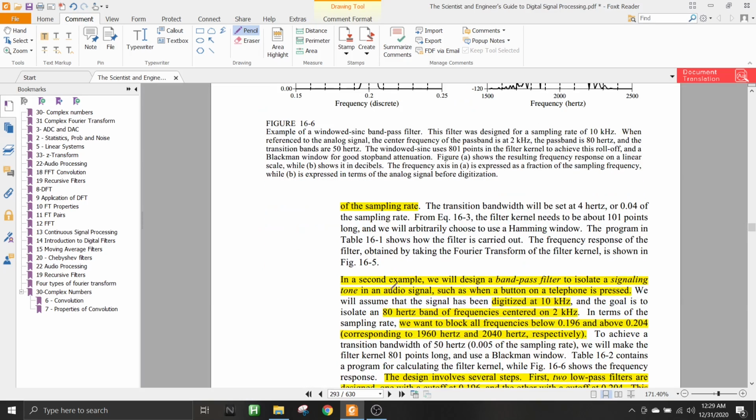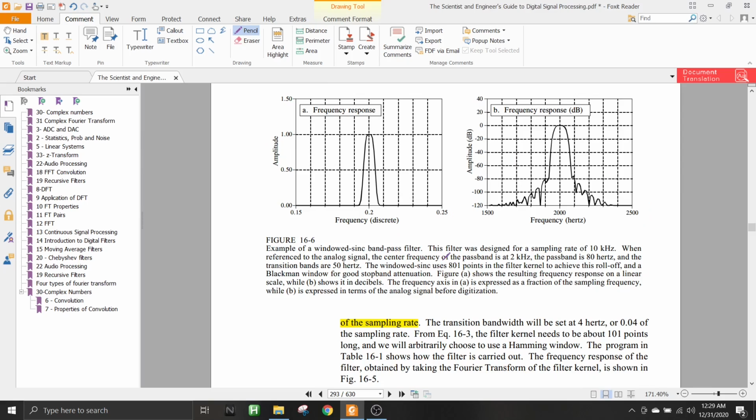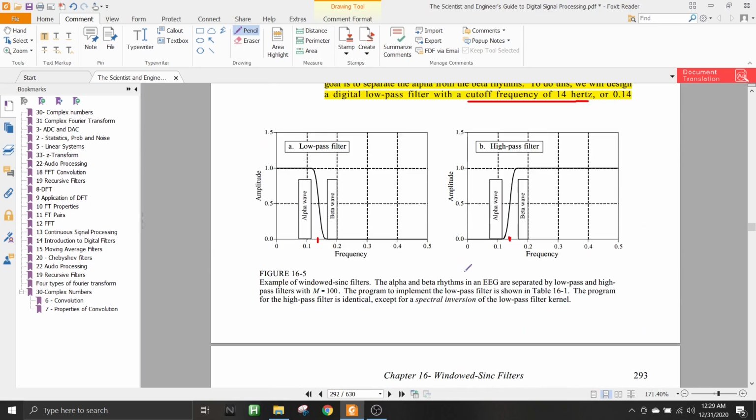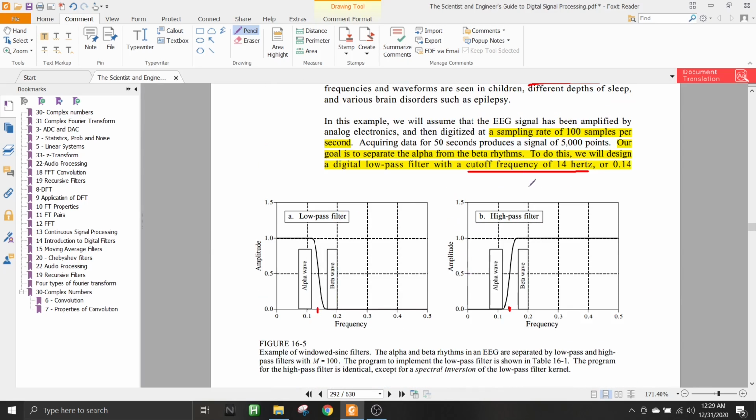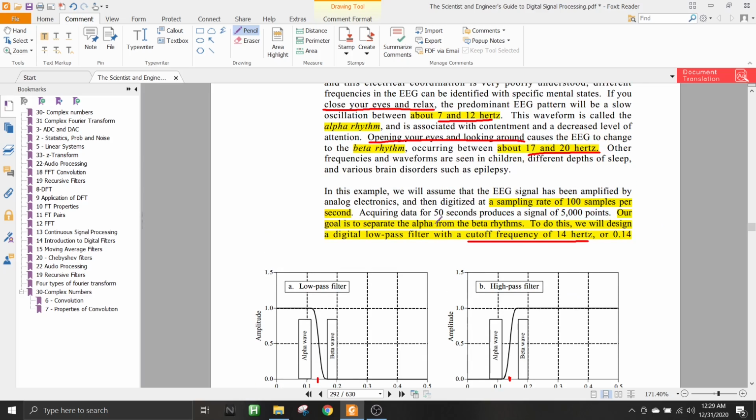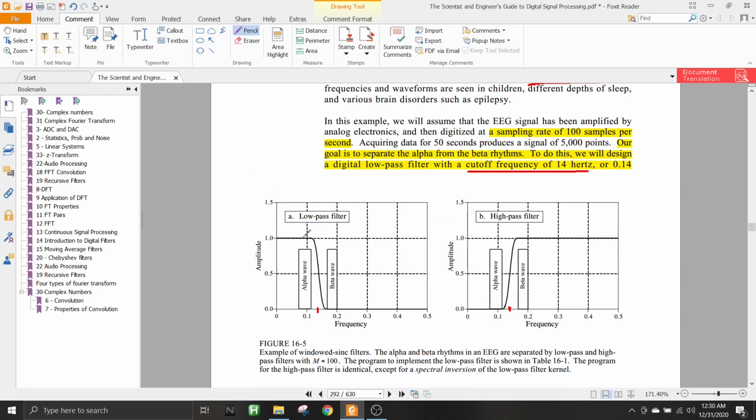So this is one scenario where we might be using a window sinc filter. Just as we have said, window sinc filters can be used for low pass, high pass, all kinds of scenarios. In the discussion we had before, we derived a window sinc filter from an ideal low pass filter, which gave rise to this non-ideal low pass filter.